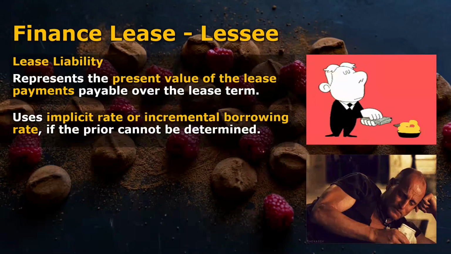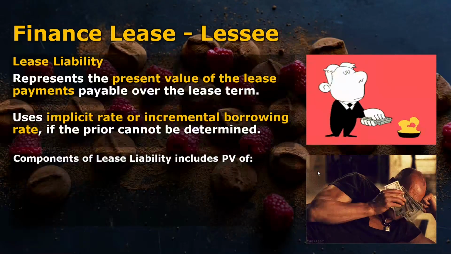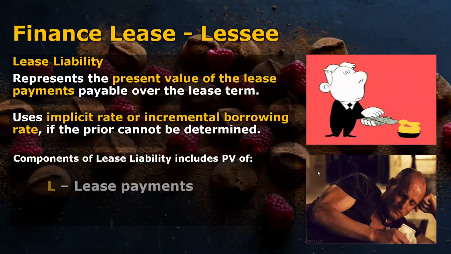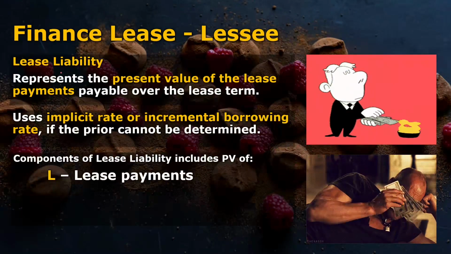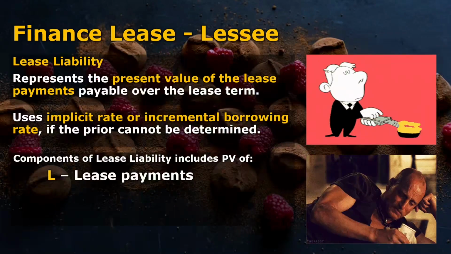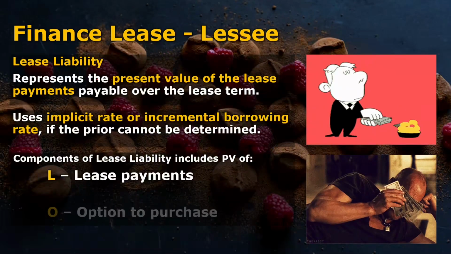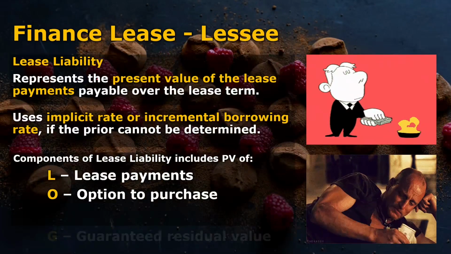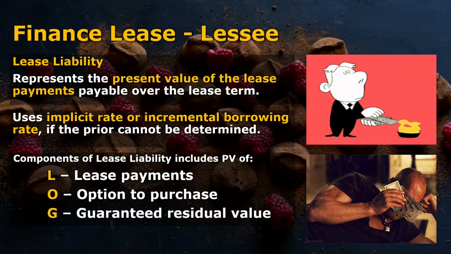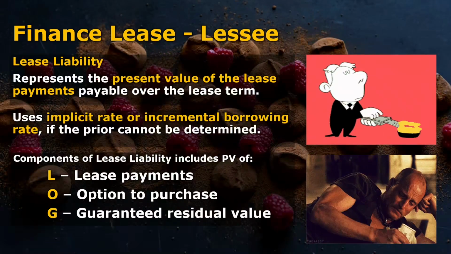Your lease liability will be comprised of the following components. First, of course, lease payments, which is mentioned in the definition: present value of lease payments, present value of option to purchase, and present value of guaranteed residual value.